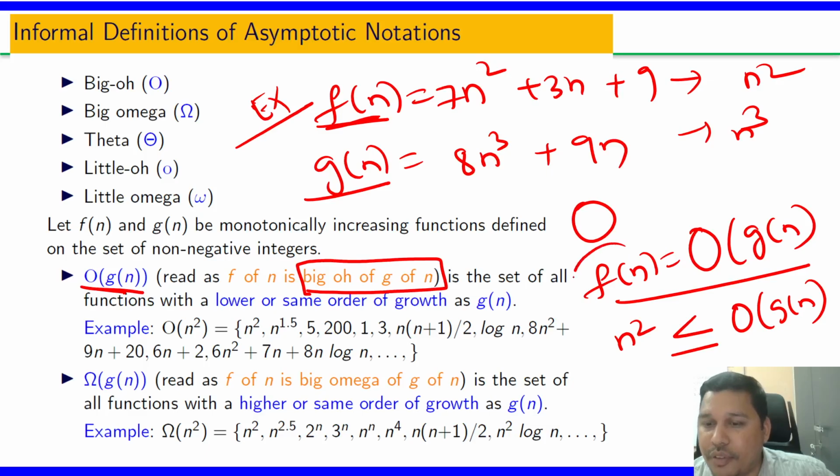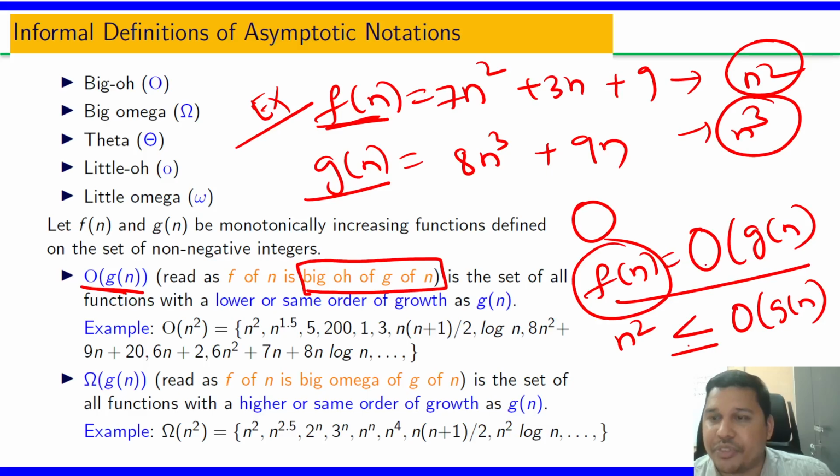Then we represent that the time complexity of this function f of n is order of g of n, meaning order of n cube.